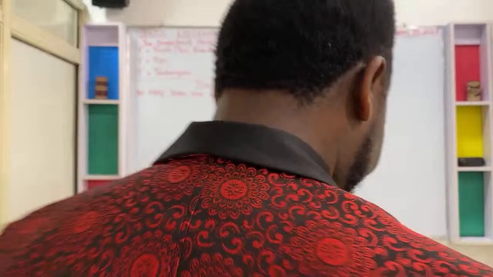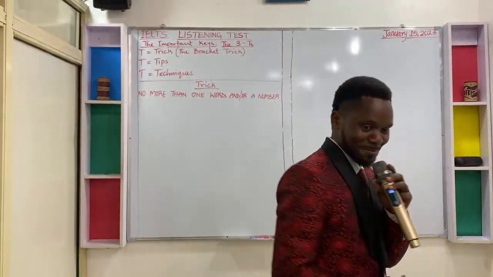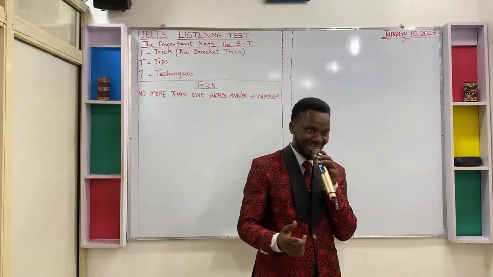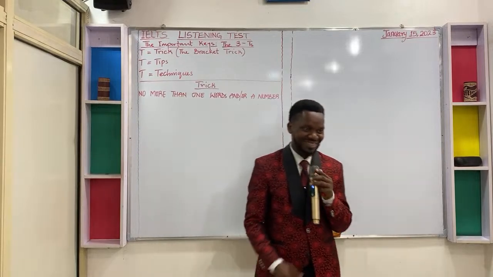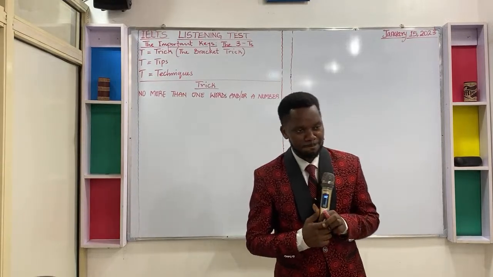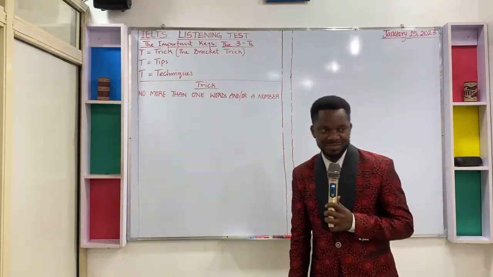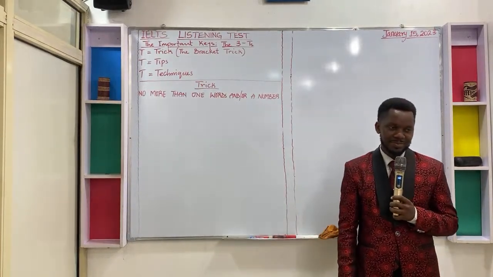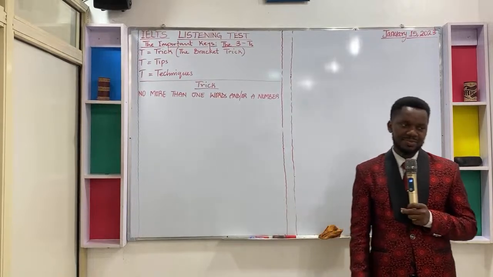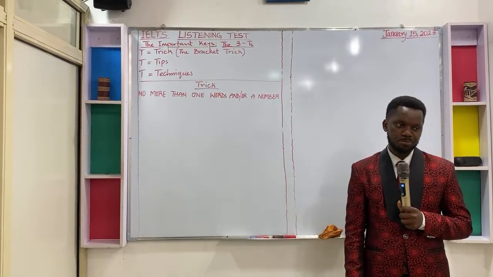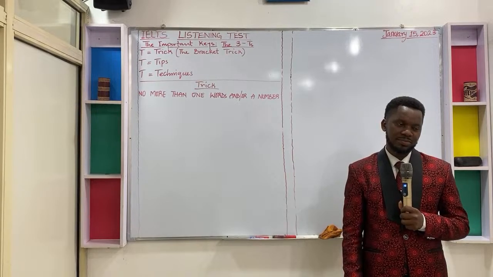A number, sorry, come again with that. So I said, I think my own understanding is no more than one word and or a number. Okay, 2 ways. So no more than one word, it means in the slot you can only put in one word.